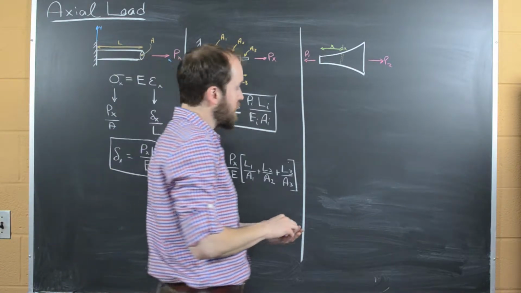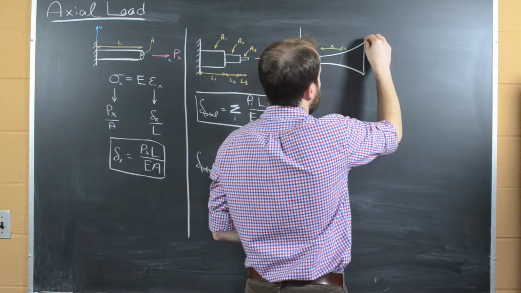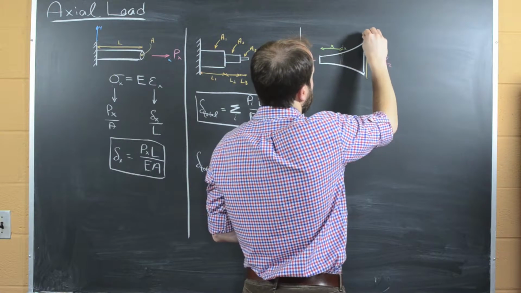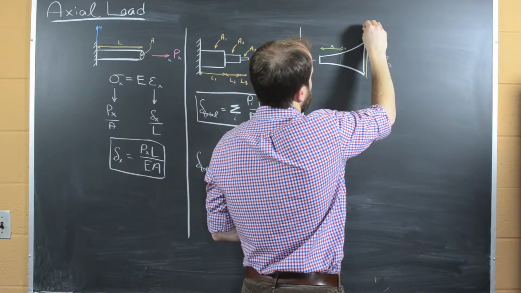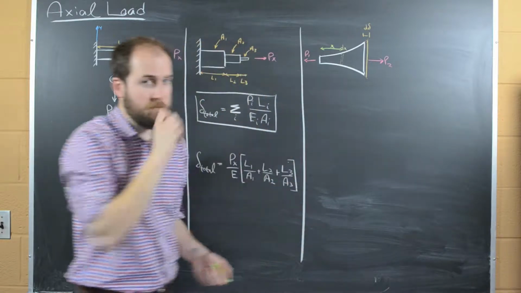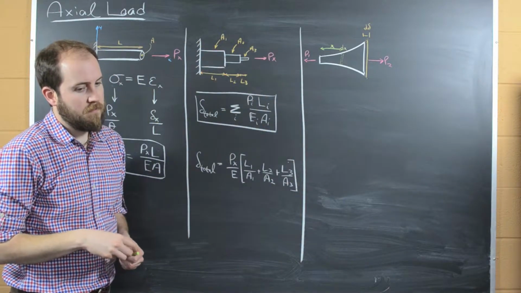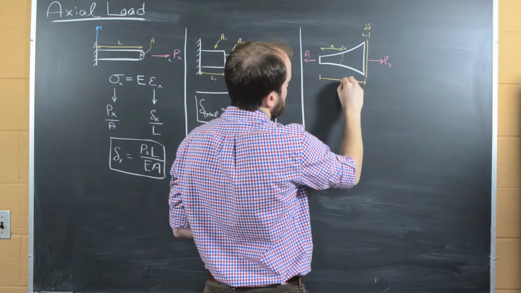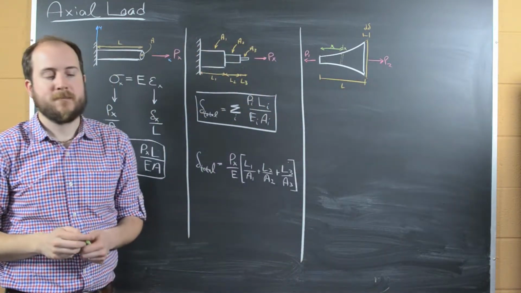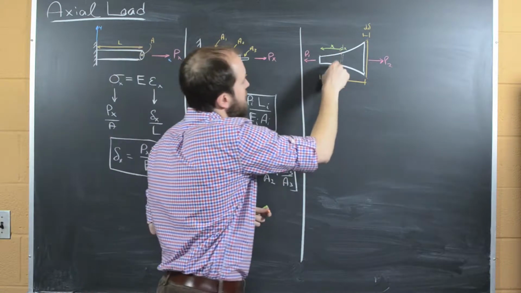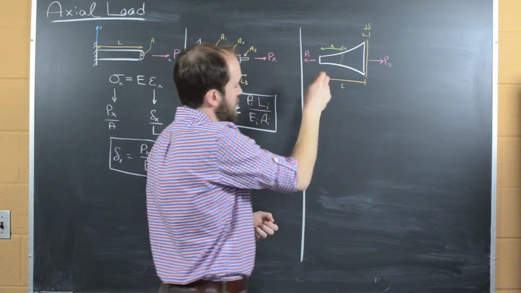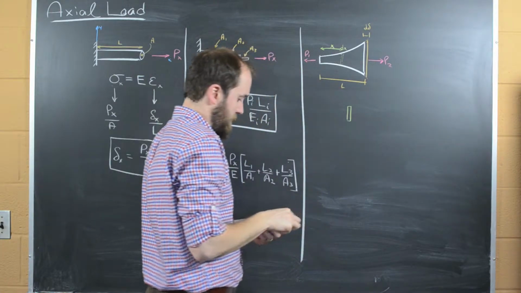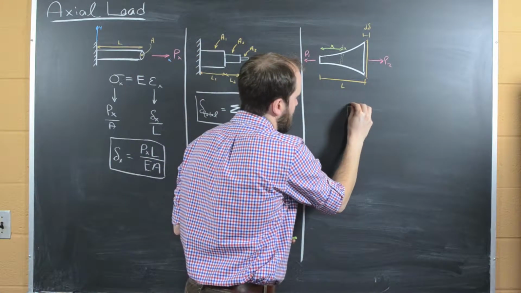And we know that applying this force is going to cause a little bit of displacement here, some new length, d delta. And so this, if this has an original length L, what we can do is we can zoom into this section here, this green dx, which is going to be elongated by some small amount.